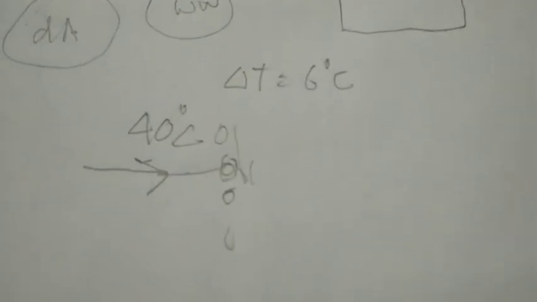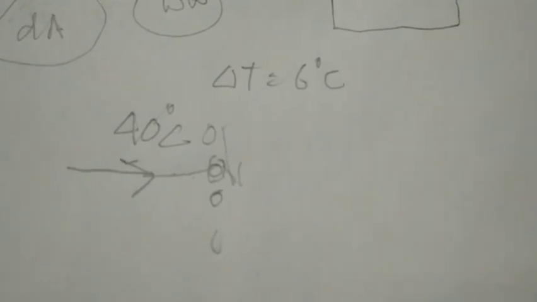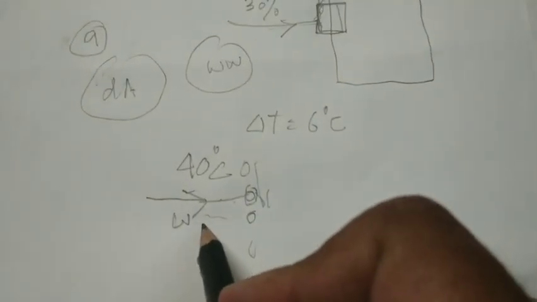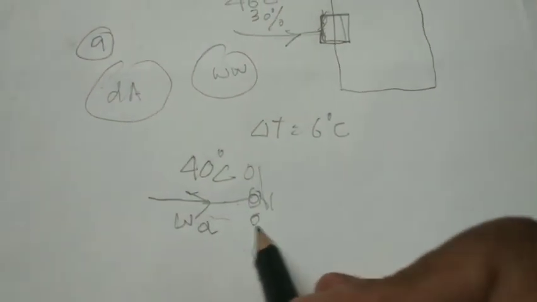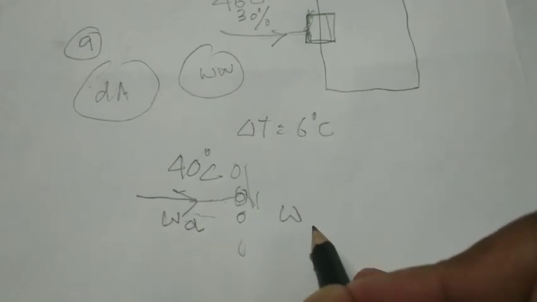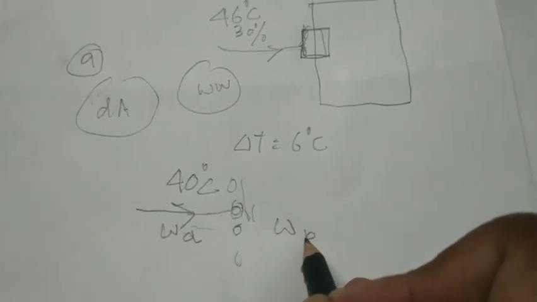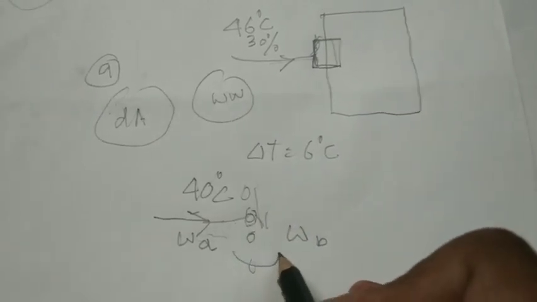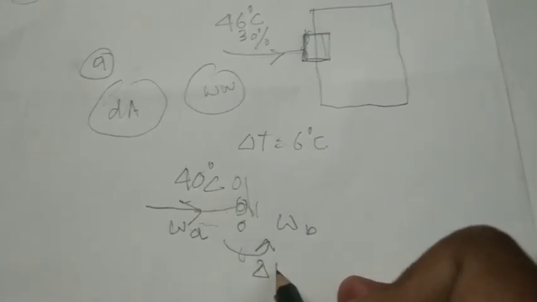So what will happen is this water droplet will decrease its quantity, and the air was having omega A humidity, now it will be having omega B humidity, say. So there will be an increase in omega.